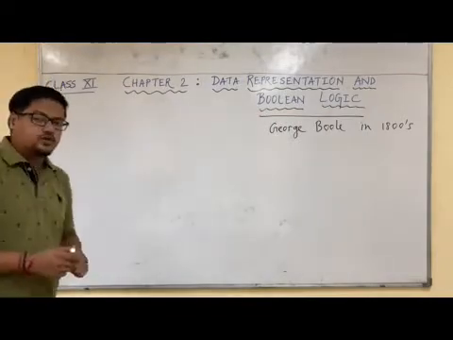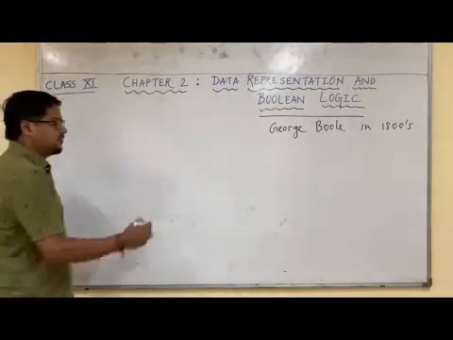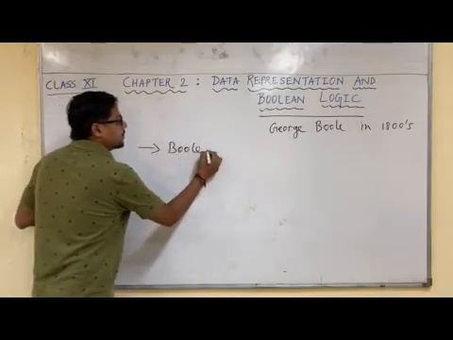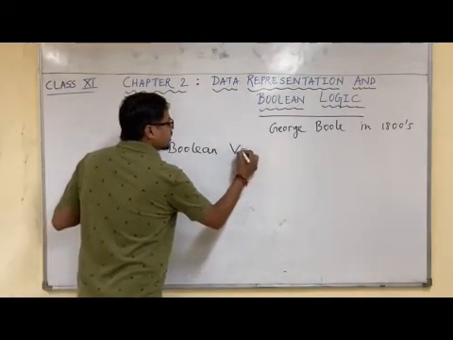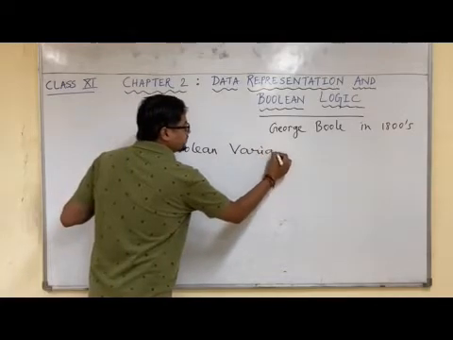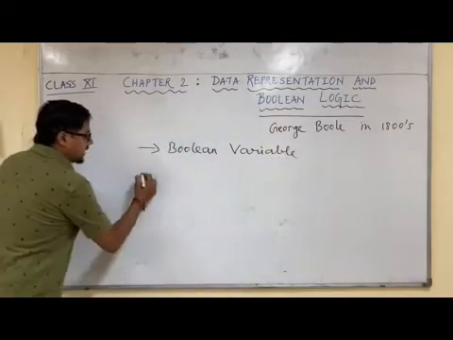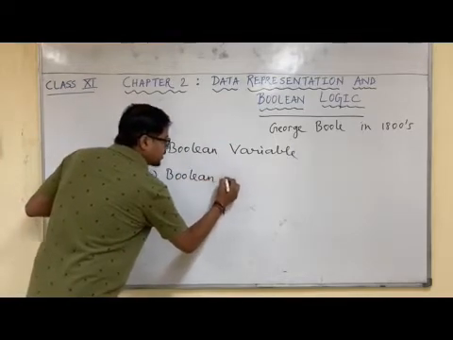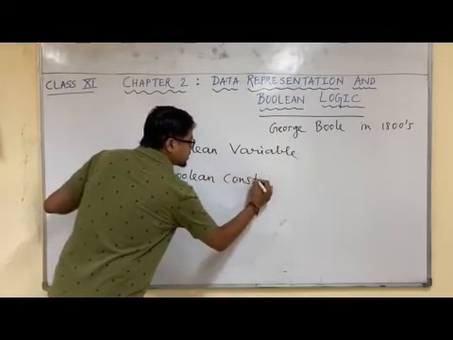Now there are certain parts of Boolean logic. First I will note down those parts and then we will explain them one by one. First one is Boolean variable. Second one is Boolean constant.